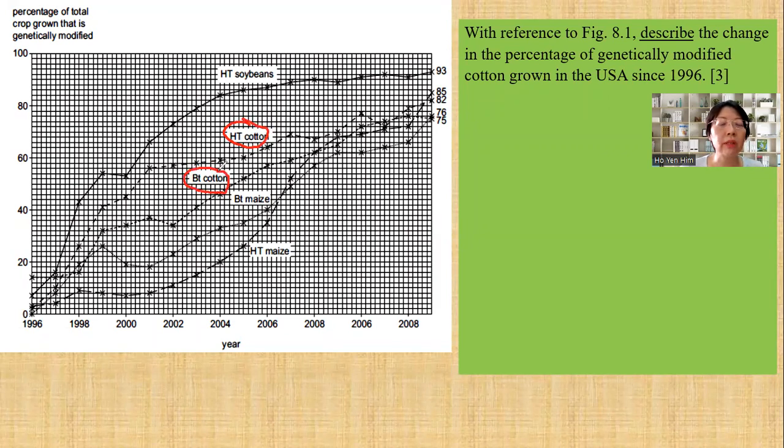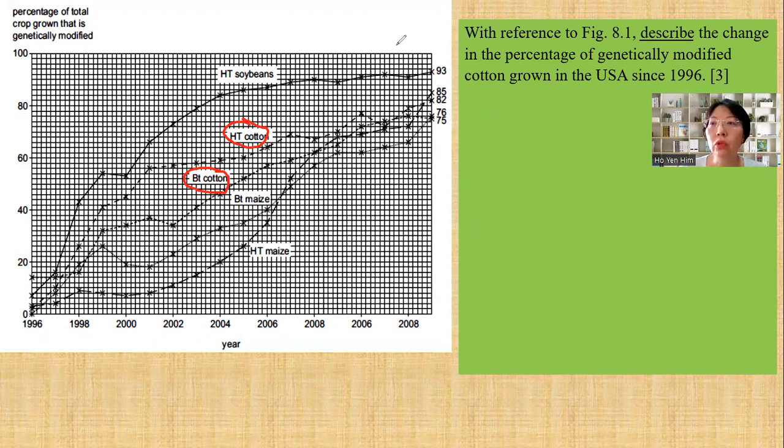BT means the BT toxin, right? HT is herbicide tolerant. BT means you create that toxin in the plant itself so that it becomes a pesticide. So we're only concerned about these two curves for cotton.